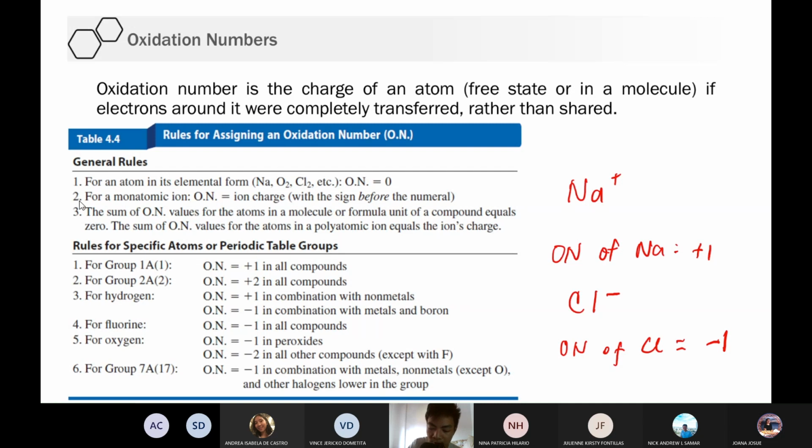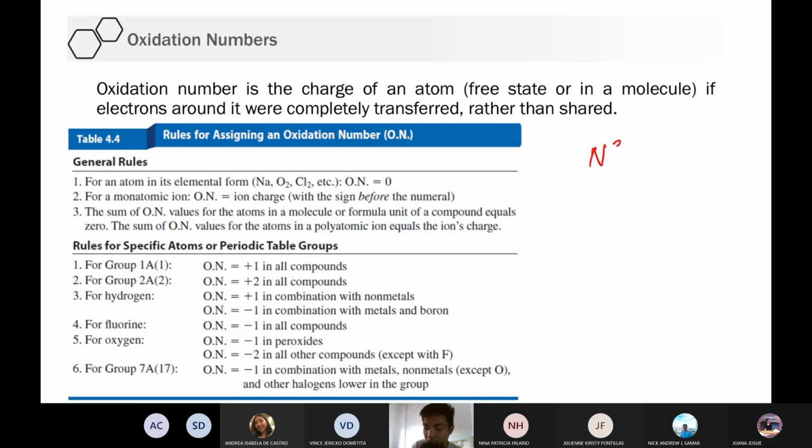Again, monoatomic. So, when you say monoatomic, our ion should be one atom only. So, for monoatomic ion, the oxidation number is whatever the charge is. For example, let's have N3-. What's the oxidation number of nitrogen?